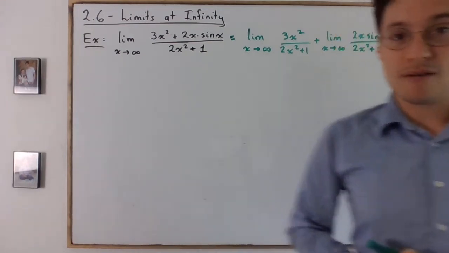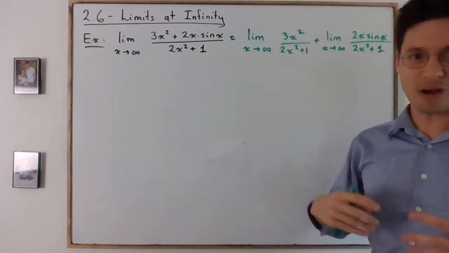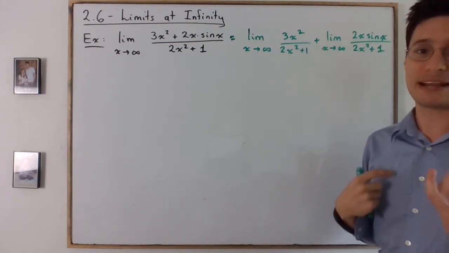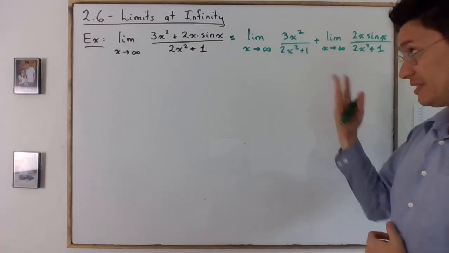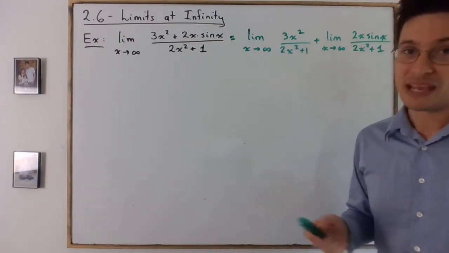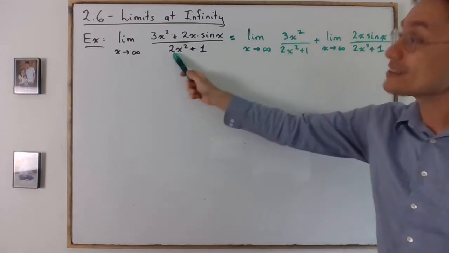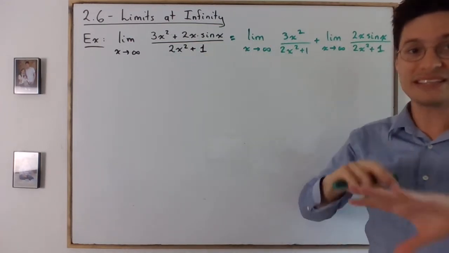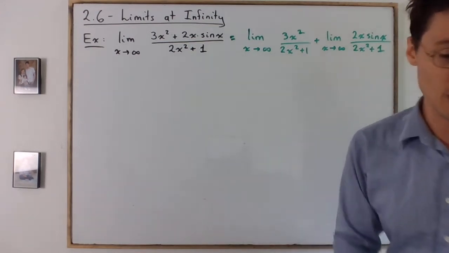Of course, you can do that only if both limits exist, but you're always assuming that both limits exist, performing all the calculations, and writing your result at the very end. Now, this limit is quite easy, and it is easier than this one. So the idea is to split the big problem into two simpler problems.